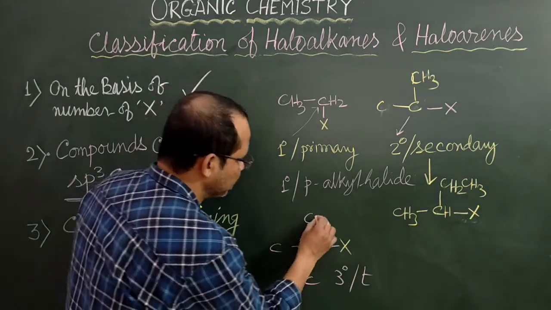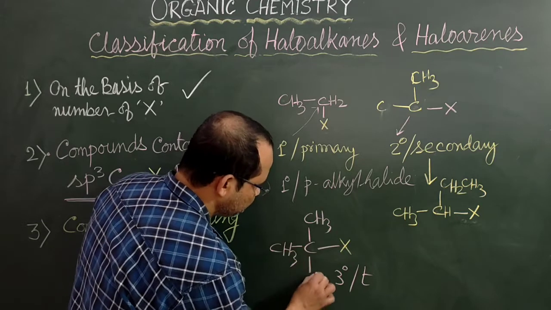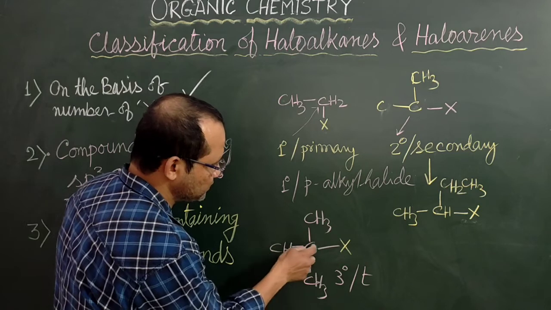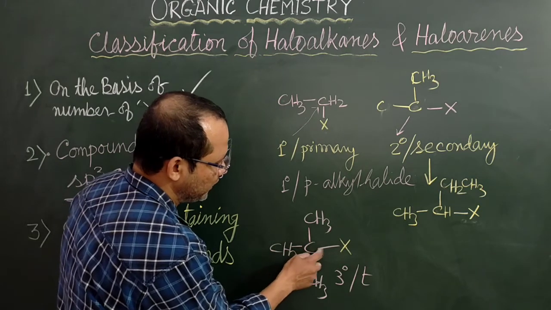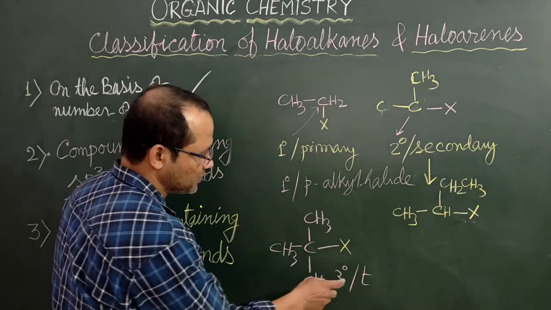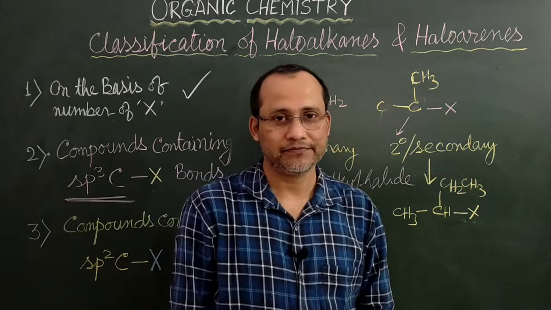Now let me complete the structure. If we write down the simplest one, it will be like this. So all CH3, that is 3 CH3 linked to this carbon atom, and this carbon containing one halogen. So this is the simplest 3 degree or tertiary alkyl halide.